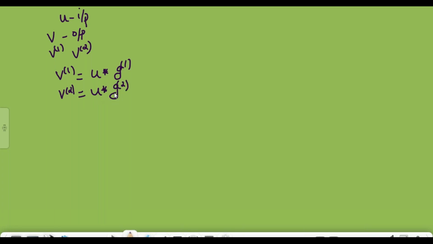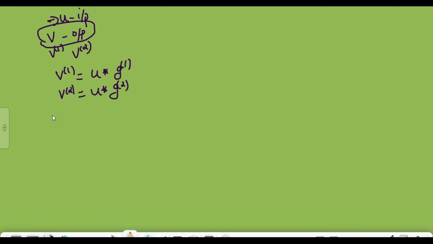This we discussed in the last class. It is one method to find the output, the time domain approach. Once we find v1 and v2 by the convolution sum, the multiplexed version of v1 and v2 is the final output v corresponding to this input u.